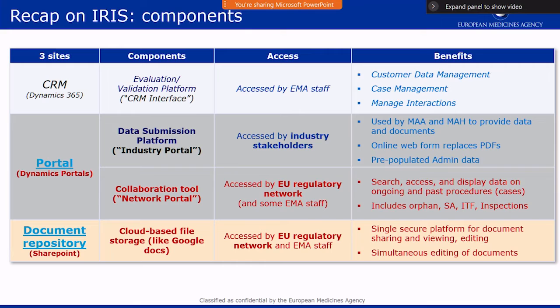We have, on the one hand, the network portal, which is the interface that is used by EU regulatory network, so meaning the NCAs. And we have the industry portal, which is the interface that you will be using as industry stakeholders. And this is the interface that you use to provide data and documents, and this will replace the use of UdraLink at the moment that we have for the provision of such information.